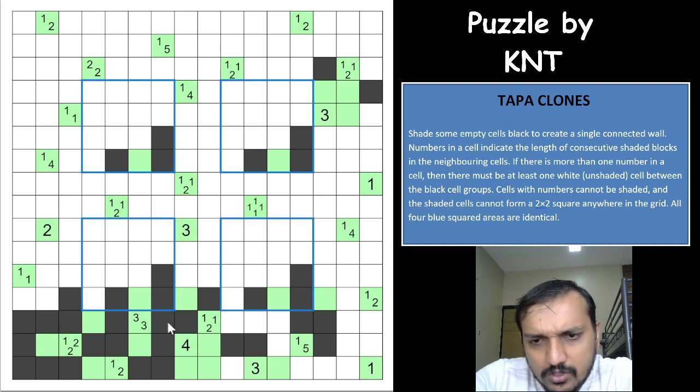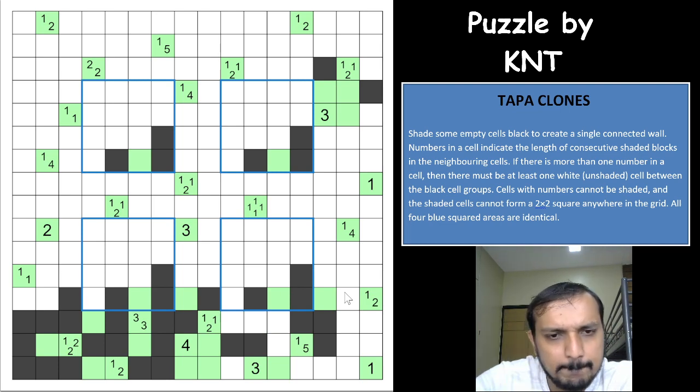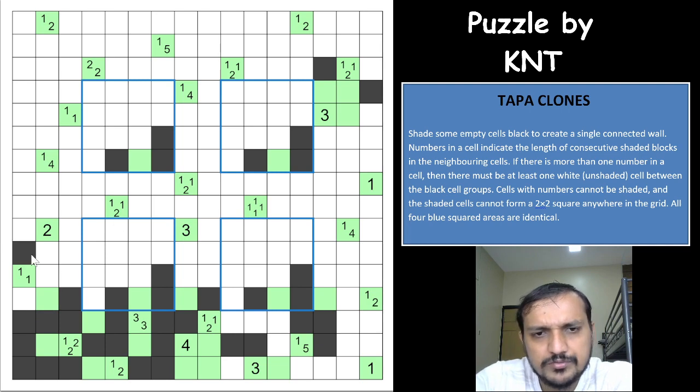That's amazing. So if this is unshaded, this, oh, it is still possible. I'm sorry, that is possible, my bad. This is unshaded. If this is shaded, it cannot go out because of the 2 clues. So this is shaded.